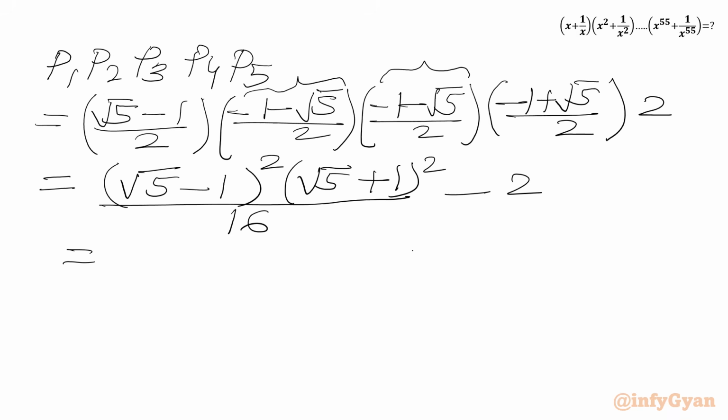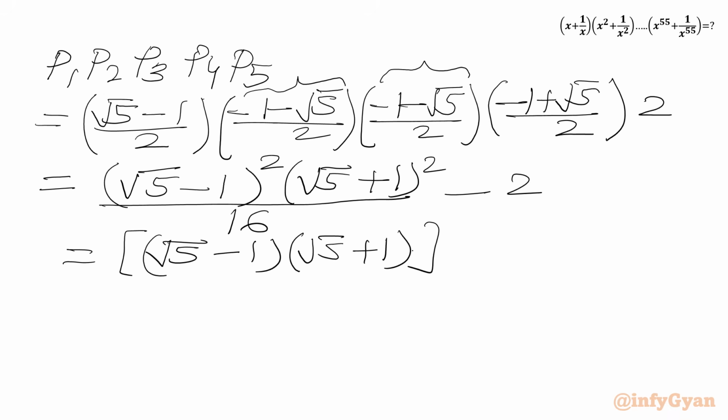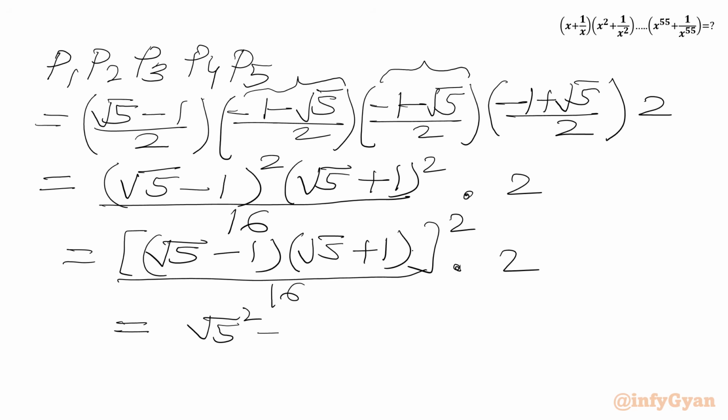Now we will club both the bases, (root 5 minus 1) times (root 5 plus 1), and then we'll put power 2. In the denominator we have 16 times 2. Now a minus b times a plus b, we'll write here root 5 square minus 1 square, and then we'll put the whole power 2. The denominator is 16 times 2.